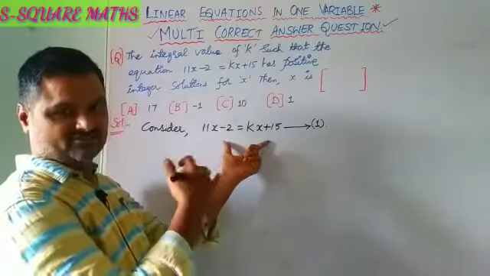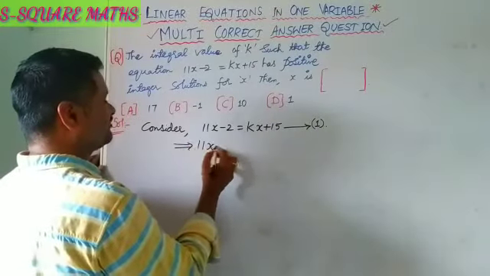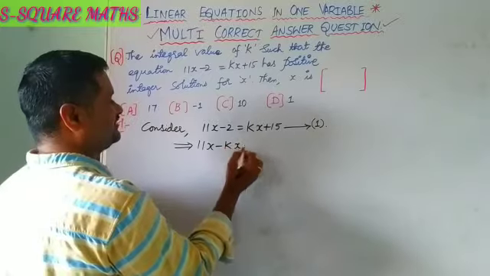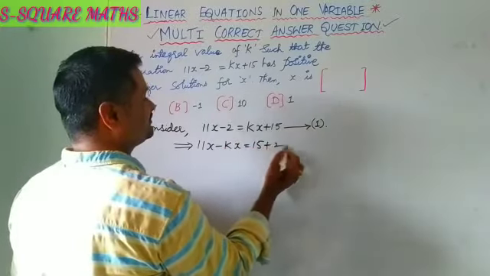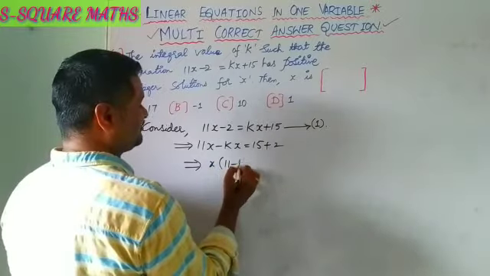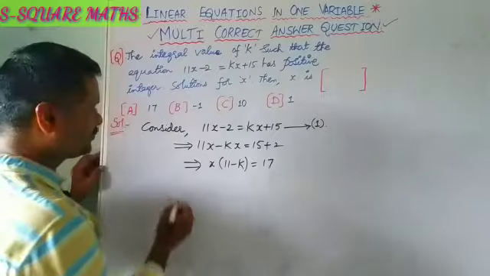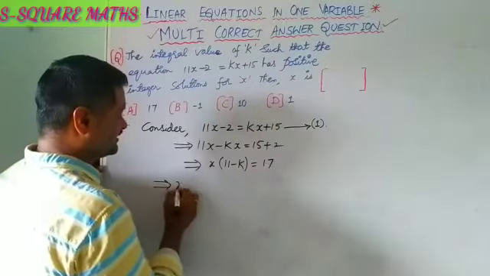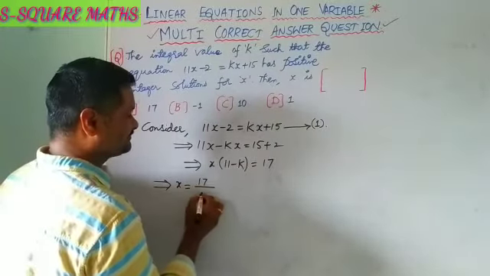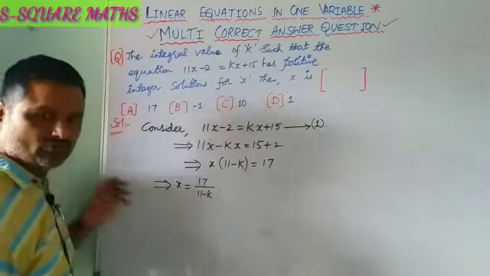Consider the x terms to the LHS and the constants to the RHS. I can write 11x minus kx is equal to 15 plus 2. Taking x as common, I can write 11 minus k, and here it is 17. So x is equal to 17 by 11 minus k. Now what is our intention?